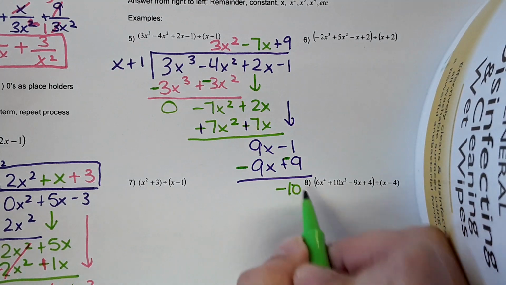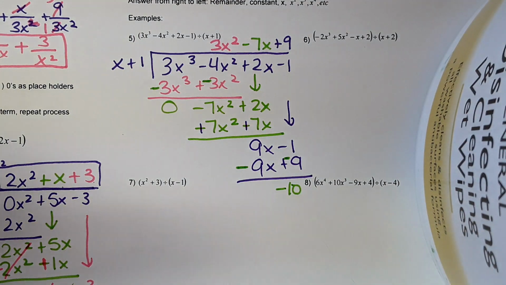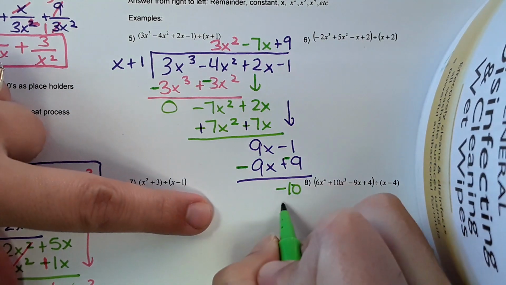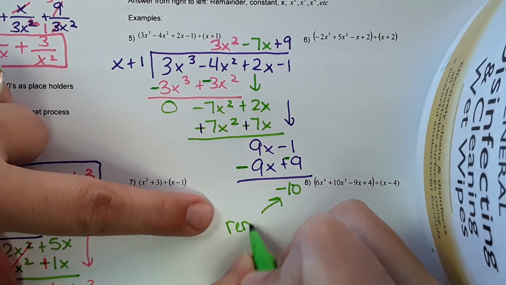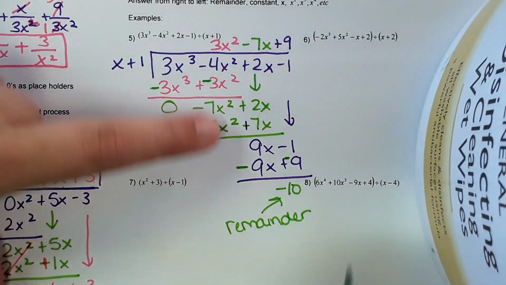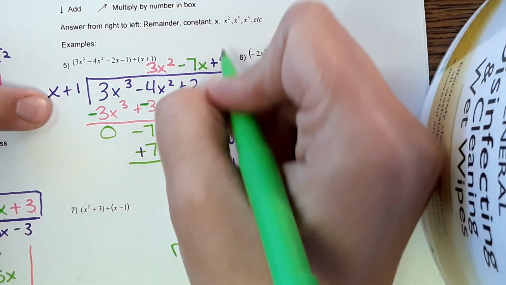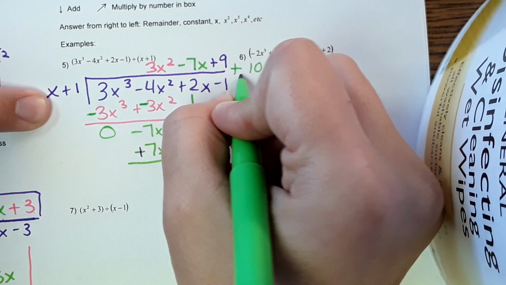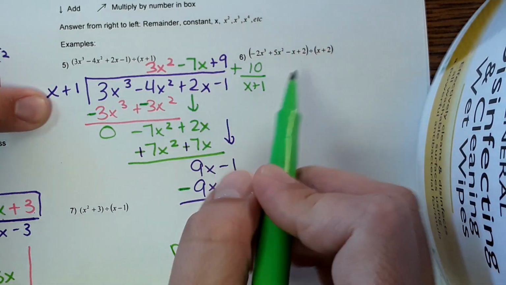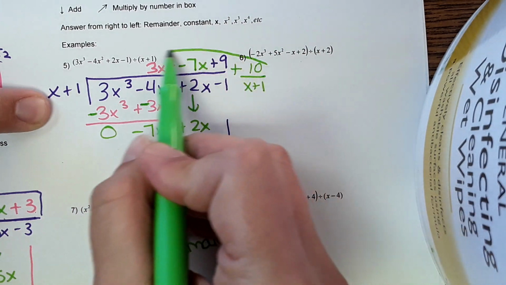Left with negative 10. There's nothing else to bring down, so therefore this is a remainder. And the last step is just to put the remainder over this. So it would be plus 10 over x plus 1. And this is our answer here.